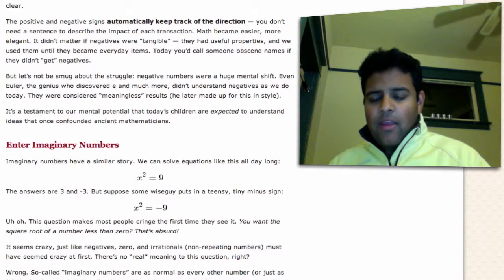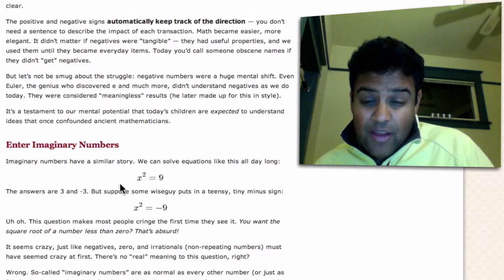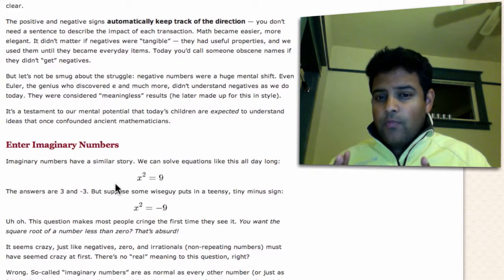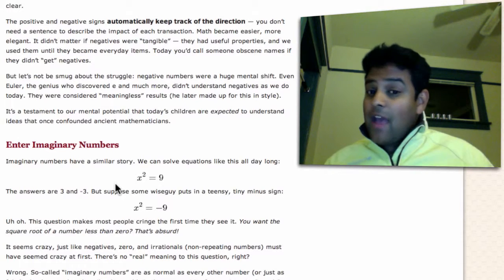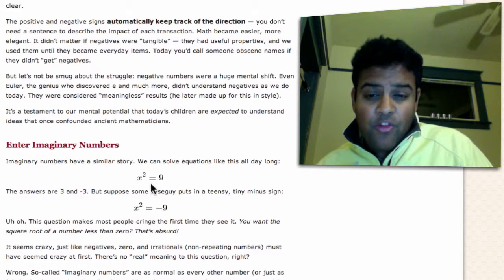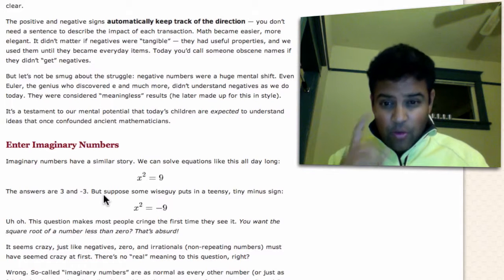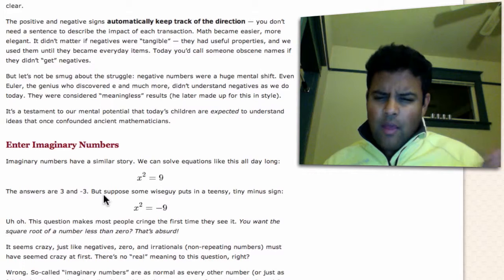Well, let's take a step back. When I have a simple equation like x squared equals 9, what I'm really saying is I start with 1.0, I multiply it by x, I multiply it by x again, and then I get 9. Right? Because x squared equals 9 is really the same as 1 times x squared equals 9. So you start with 1, multiply by x again, and we get 9.